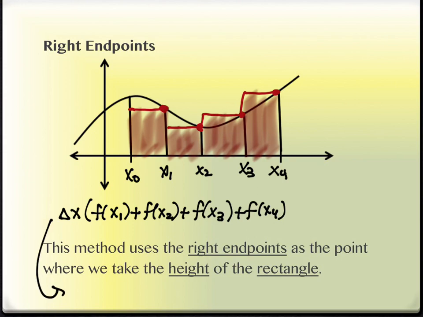And I can rewrite this in summation notation as delta x times the summation, which starts at 1 and goes to 4, of f of x sub i. Because I'm using the right-hand endpoints instead of the left-hand endpoints, I start at x1 and end at x4.